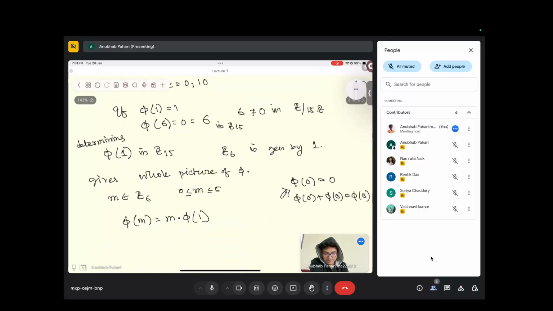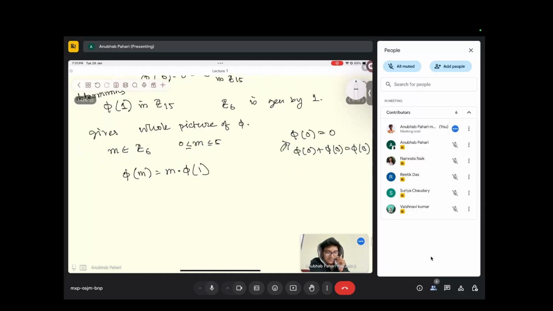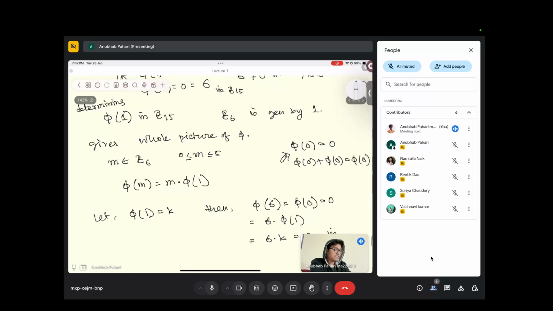And also there is another trick, that is you already know that, okay Namrata, from here we can eliminate some options. So let phi of 1 go to k, then phi of 6, that is phi of 0, that is 0, so it should be 6 dot phi of 1, and that is 6 dot k, and that is 0 in Z15.